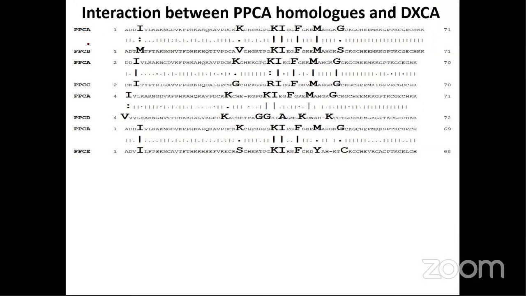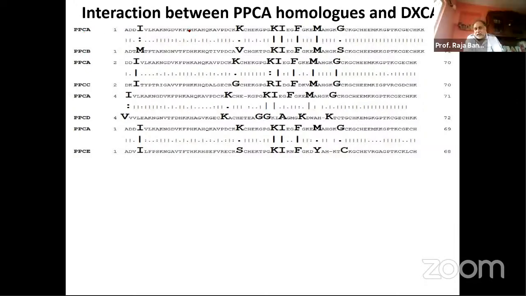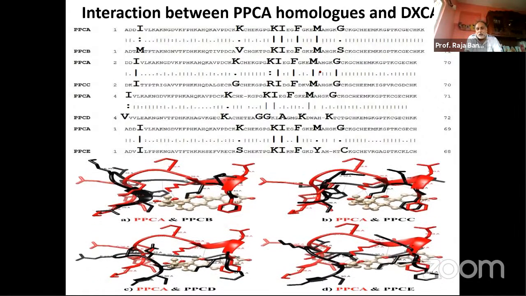When we match the pairwise alignment, we find that the interaction region of PPCA versus PPCB, this is the pairwise sequential alignment, is different. And when we superpose the structures, the red one is A and the black one is B, C, D, E. We find that only A is helical, and in other cases it is not helical.